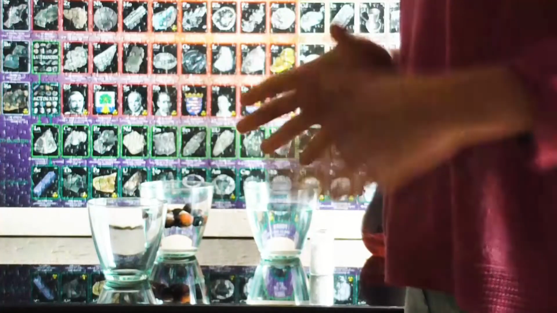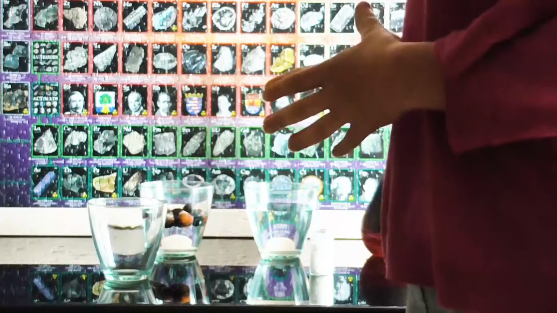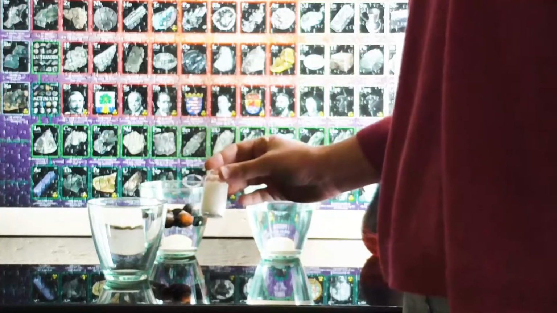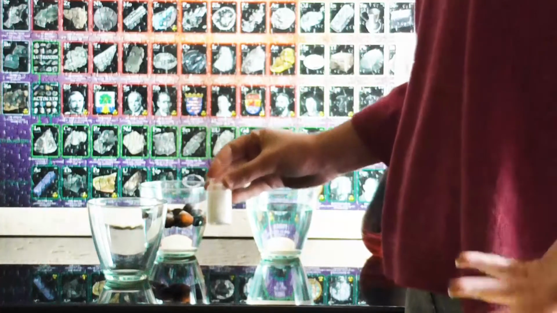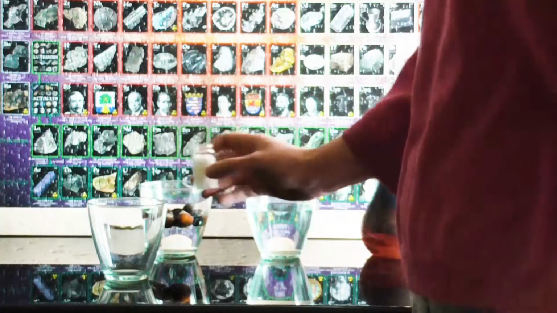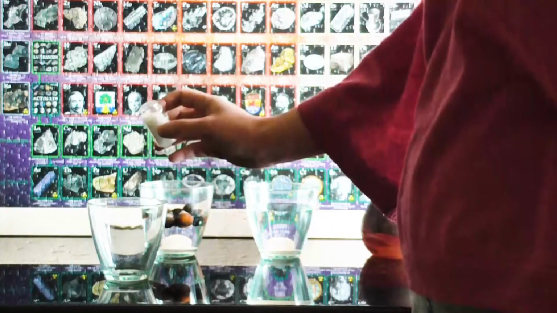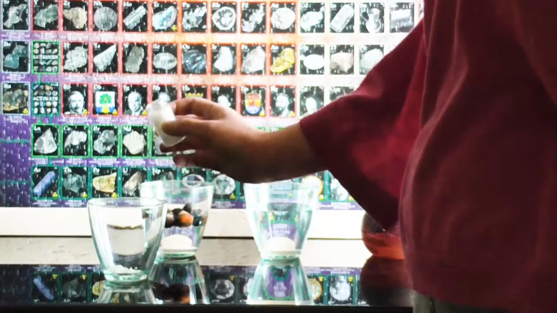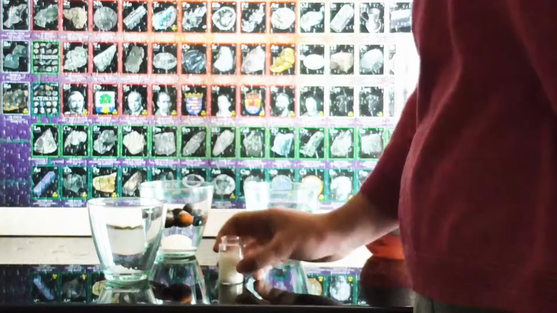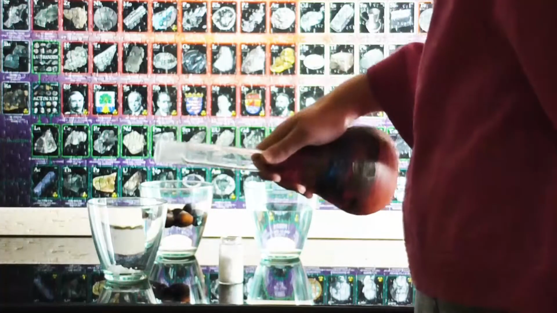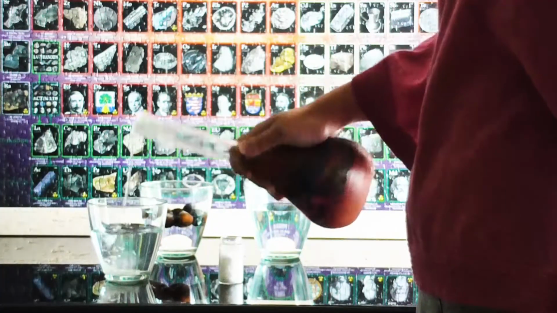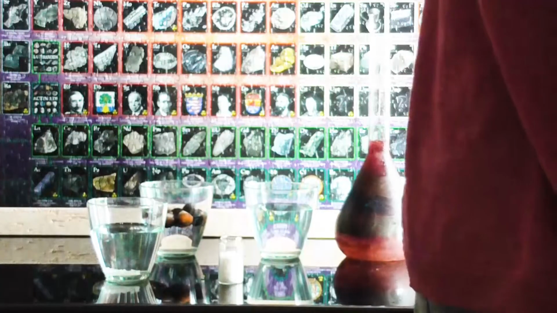Then, let's see to prepare a solution. I took here some sodium chloride, which is the kitchen salt, as everyone knows, or almost all of them. Let's pour it inside, then also some water, and finally I will stir it.